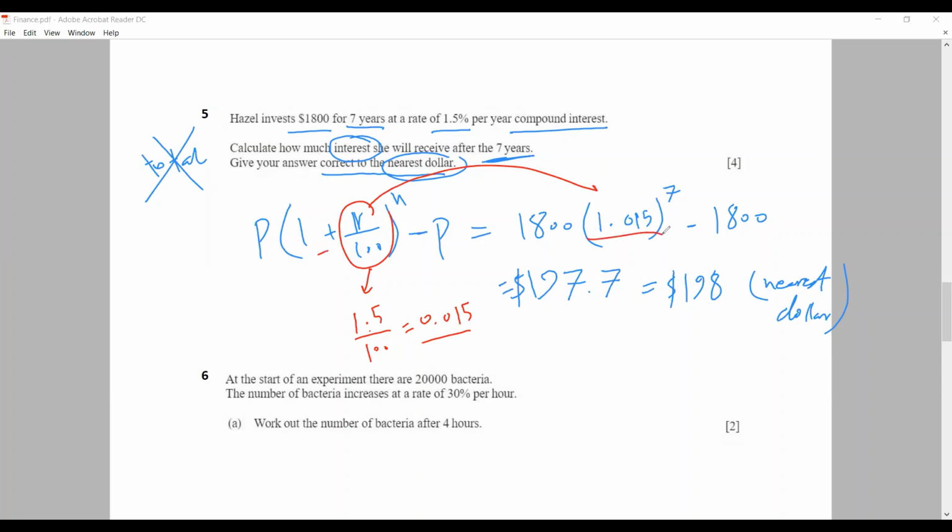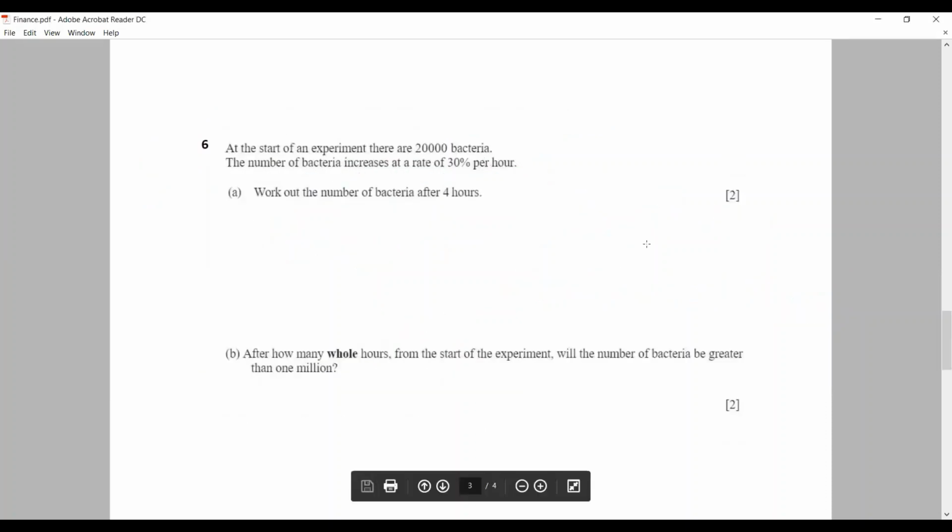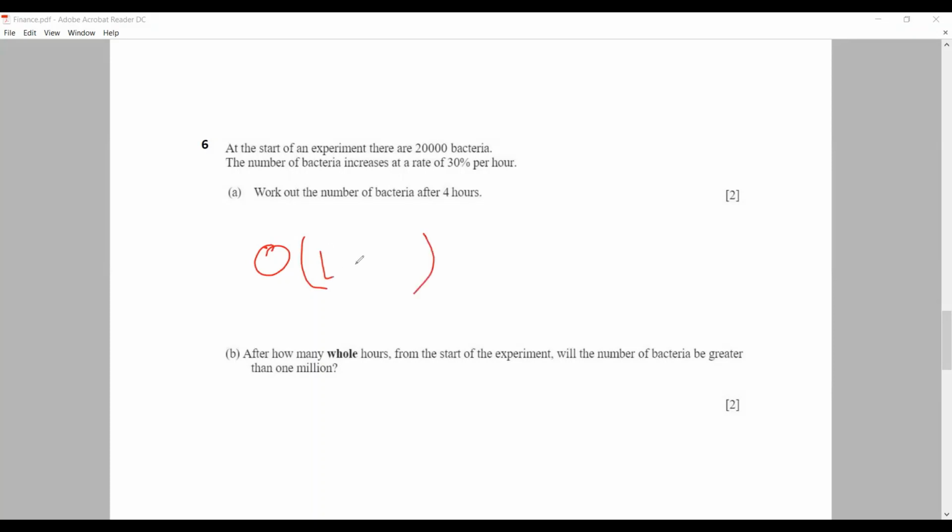So now the last two questions that I selected for you guys, it's about exponential growth and exponential decay. The technique that I'm about to use, that's something that you're already familiar with. I used this for the chapter percentages as well. Basically, the quantity, the value was written here, and then you multiply it by 1.